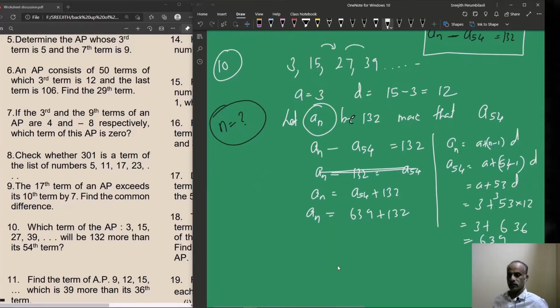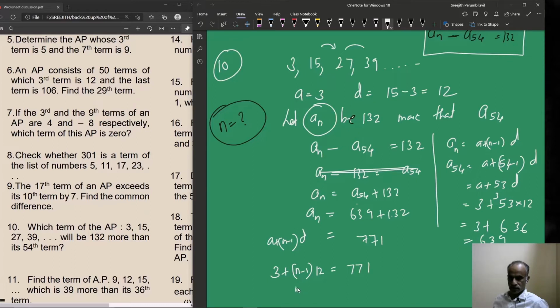So this is equal to 771. A plus (n minus 1) into D is equal to 771. That is 3 plus (n minus 1) into 12 is equal to 771.